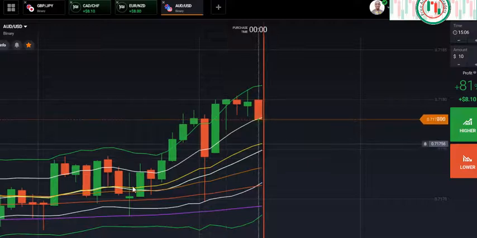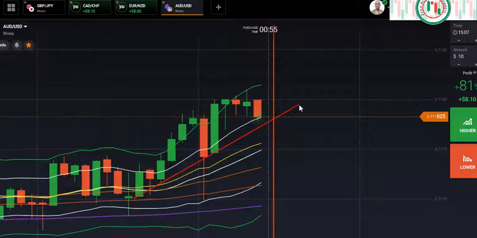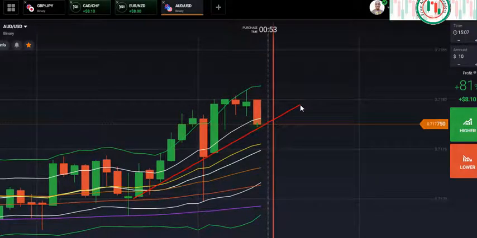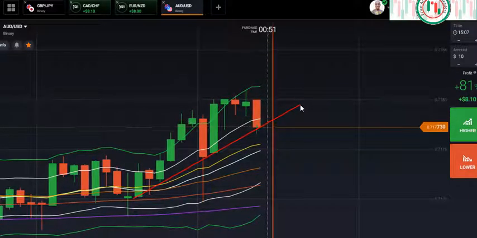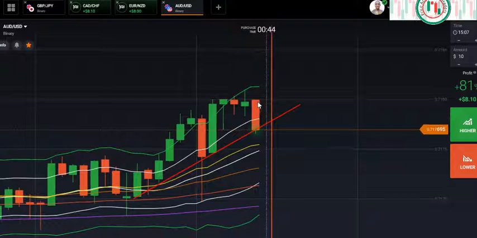So maybe if it comes to this level like this, maybe, so the 20 EMA is showing that this candle will be red.